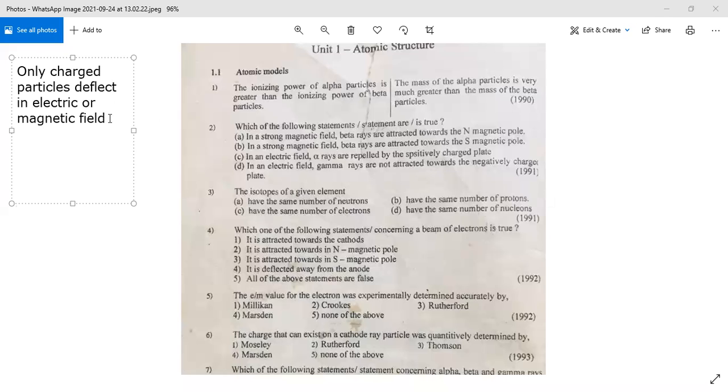Only charged particles. No radiation, no uncharged particles. Only charged particles deflect in an electric or magnetic field.